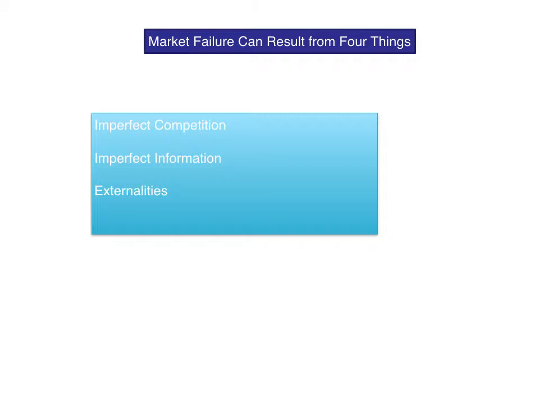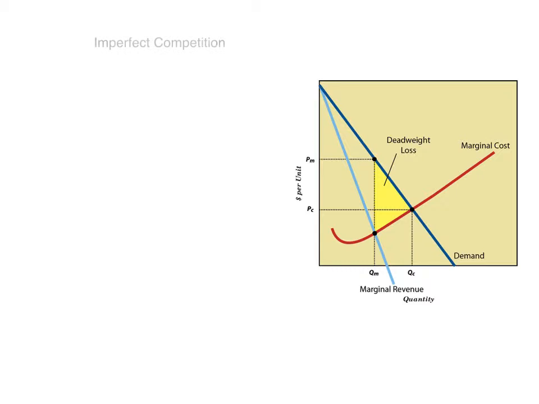Externalities, impacts upon bystanders, and finally, public goods. So, we're going to first look at imperfect competition.